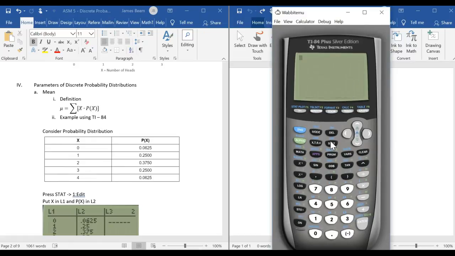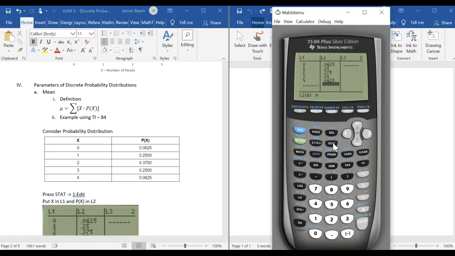I go stat edit, I put the values in L1, and then I put the probabilities in L2. You can check that those probabilities add up to 1. They do. This happens to be a binomial distribution, but we're not going to get into that.